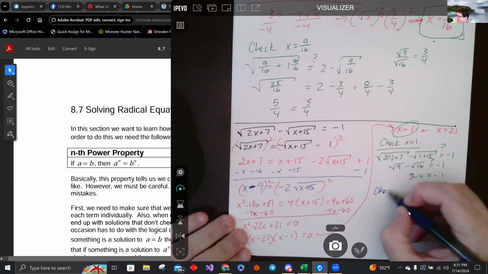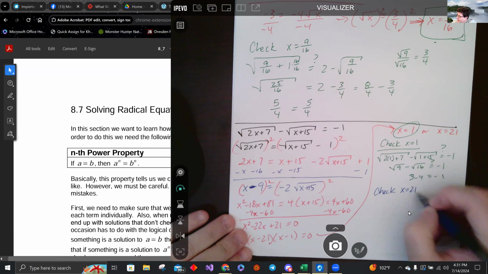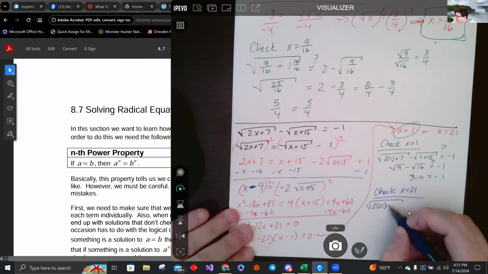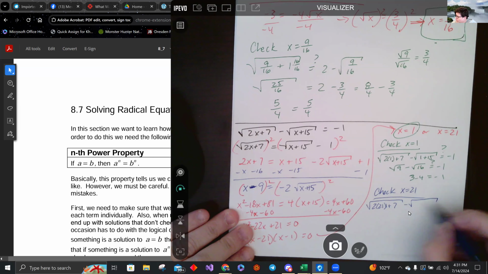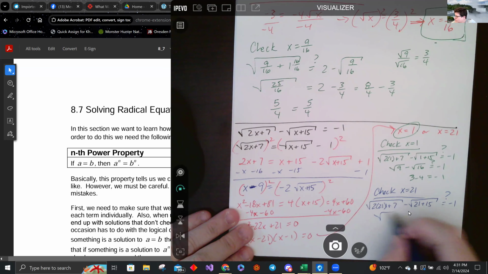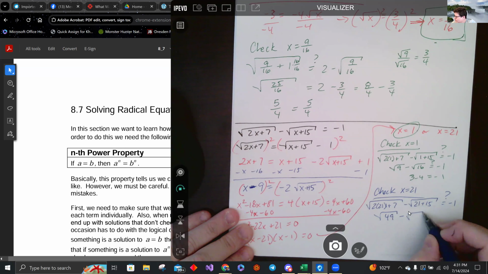We'll do another check. x equals 21. Square root of 2 times 21 plus 7 minus square root of 21 plus 15. Does that equal -1? This is square root of 49 minus square root of 36.